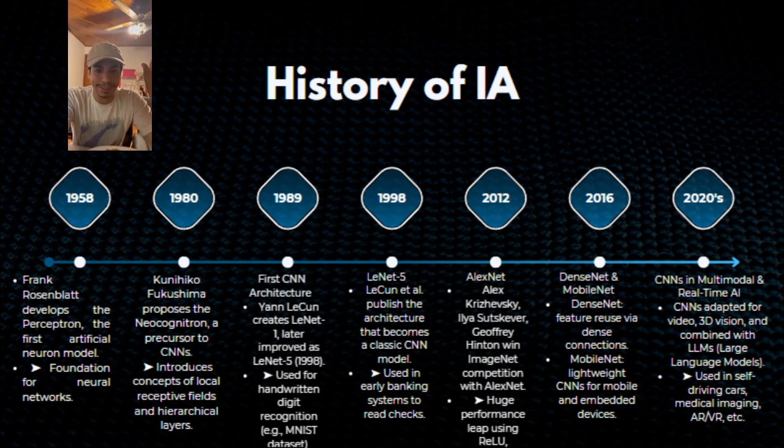In the 2020s, CNNs are multimodal and real-time AI, adapted to video and 3D vision and combined with LLMs, basically large language models. So using them in self-driving cars, medical imaging, AR, and VR, there are a lot of technologies we can use thanks to CNNs.